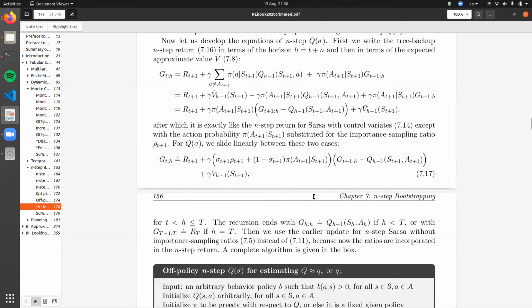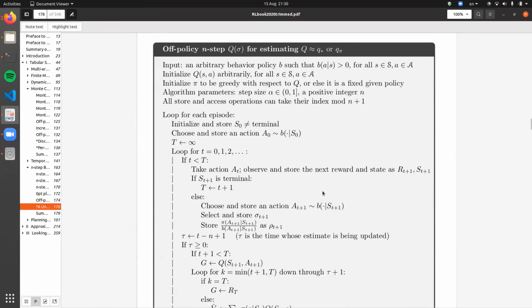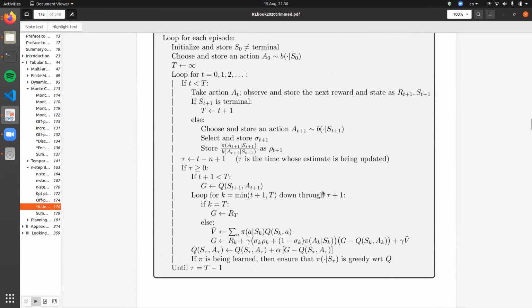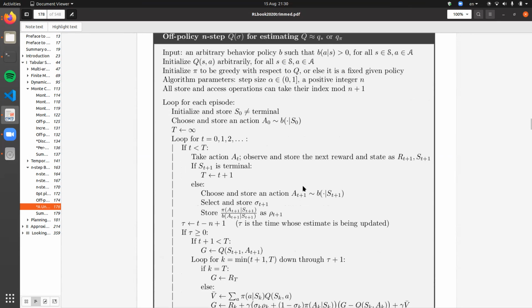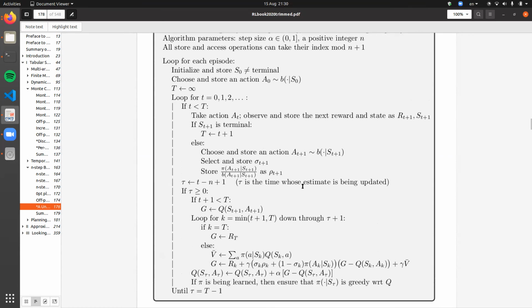Okay, and in general, here is how it is shown in the algorithm.